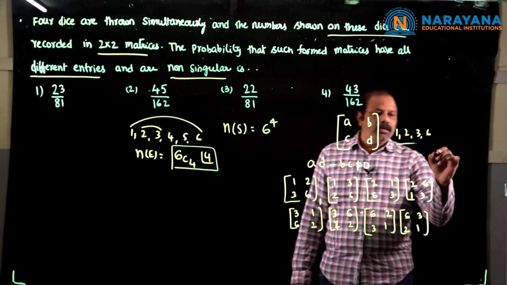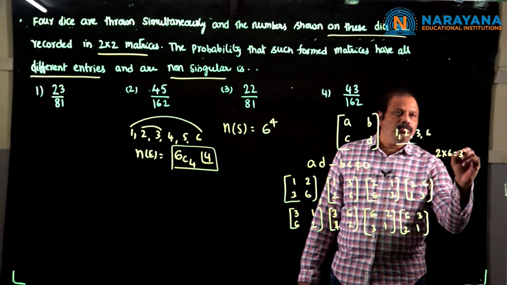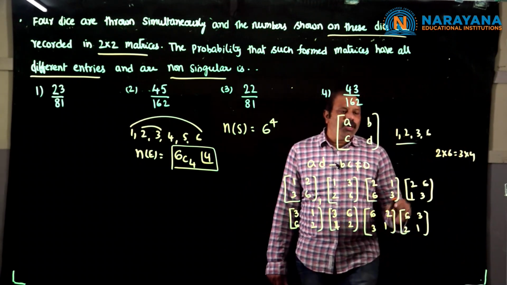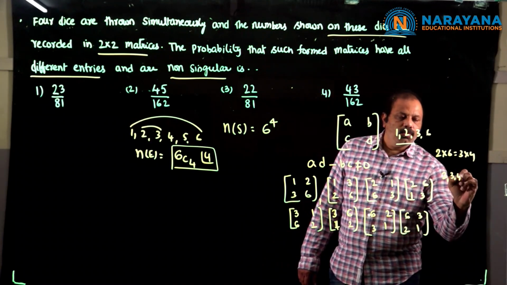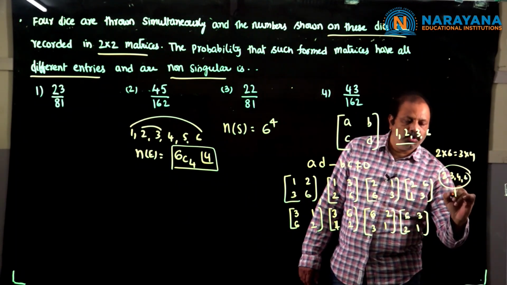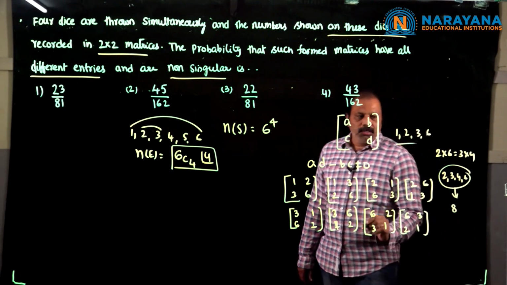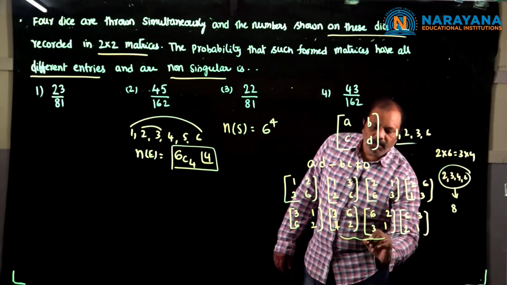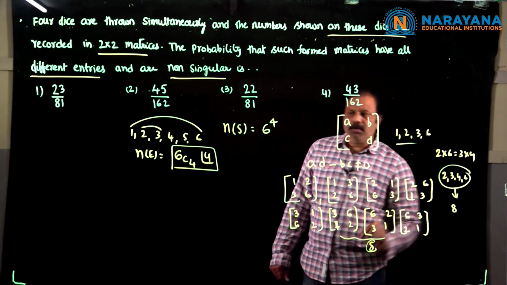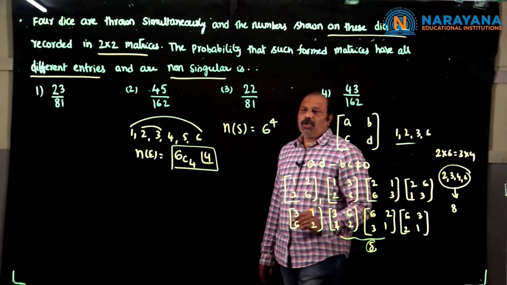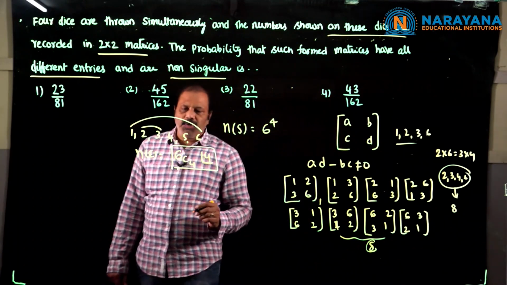Likewise, because 2 into 6 is equal to 3 into 4, we are going to get 8 more matrices by using the elements 2, 3, 4, 6. So, 8 by using 1, 2, 3, 6, and 8 by using 2, 3, 4, 6. There are 16 singular matrices by using this information.